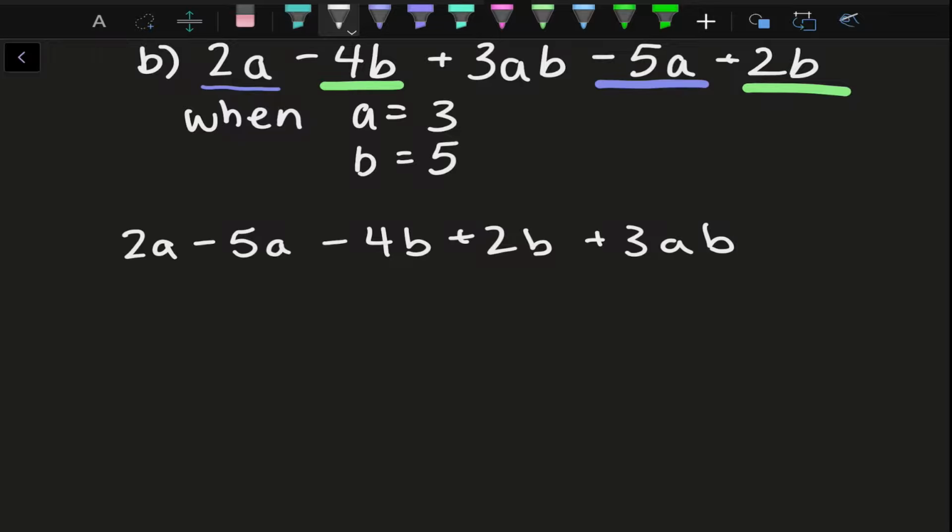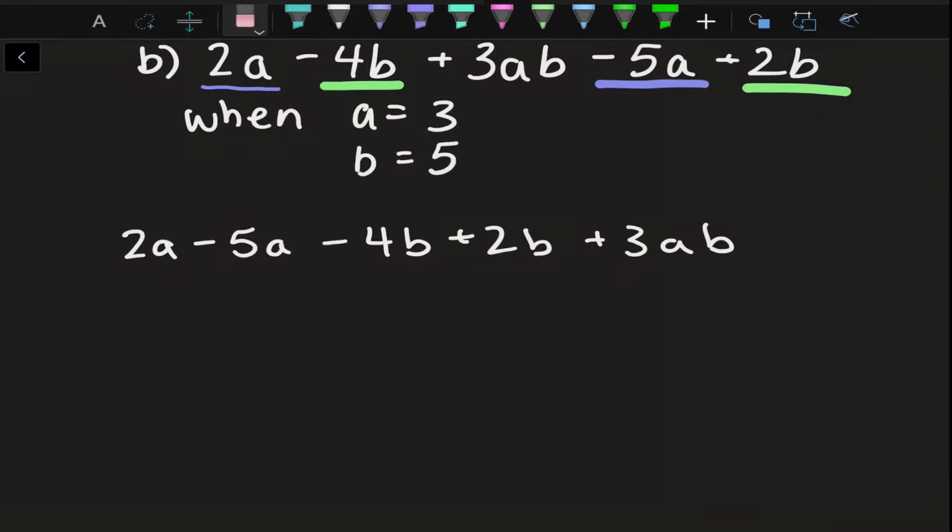Now what I can do is notice, because these are the same, this is like taking just 2 minus 5 because they have the same variable. So I couldn't go 5 minus or 2 plus 2 because these two variables a and b are not the same. Same thing over here. If I had a 2ab, then I could add 2 and 3 together, but I don't.